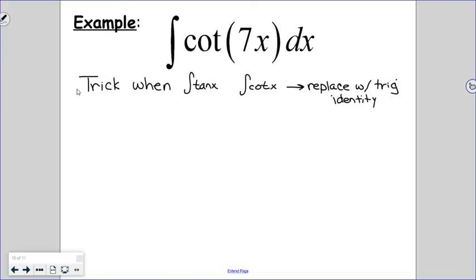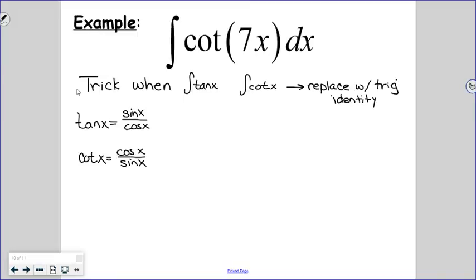So for our notes purposes, so we take really good notes here, let's remind ourselves of what those trig identities are. Tangent in terms of a fraction of sines and cosines is what over what? Sine over cosine. Cotangent then would be the reciprocal. And so what we want to do is replace cotangent.